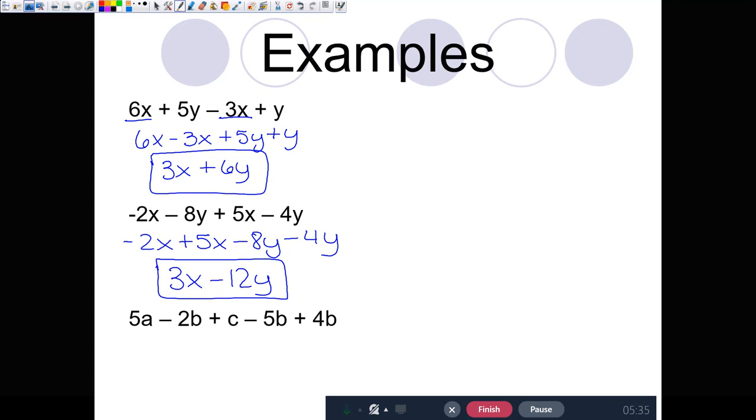Okay. So again, we're ordering these. So 5a minus 2b minus 5b plus 4b plus c. Okay, can I add anything to 5a? No, so it's still going to be 5a. I'm going to kind of drop this down though a little bit.